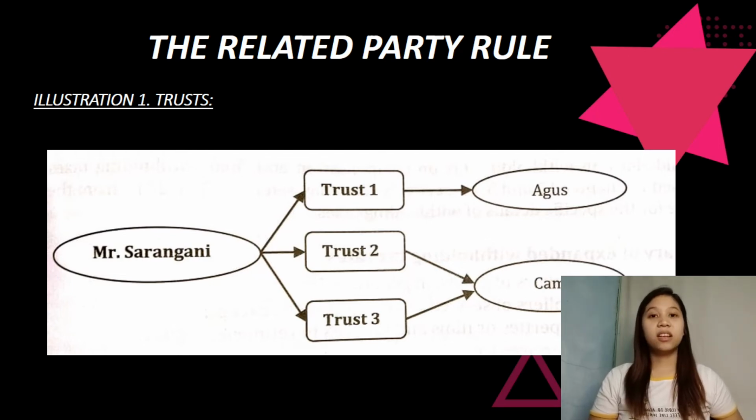And another one is Kami is related to the fiduciary of Trust 2 and Trust 3 but is not related to the fiduciary of Trust 1. Agus, Kami, and Mr. Sarangani are not necessarily related to each other unless they qualify as such as members of a family.